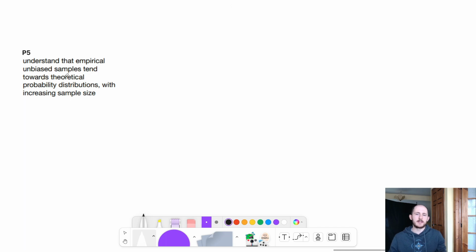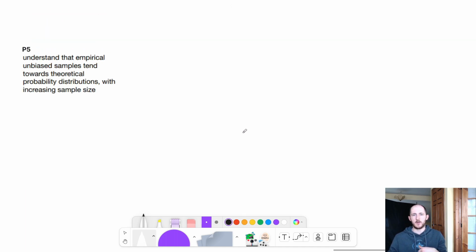And then again, we did speak about this a bit earlier. Assuming that your experiment's good, as you increase sample size, your actual empirical probability will approach the theoretical probability. So a question that they normally ask is, this person's doing an experiment. They roll a dice 1,000 times and they get this many 1s, 2s, 3s, 4s, 5s, and 6s, or they flip a coin 100 times.